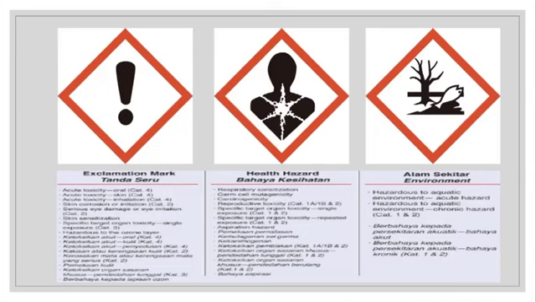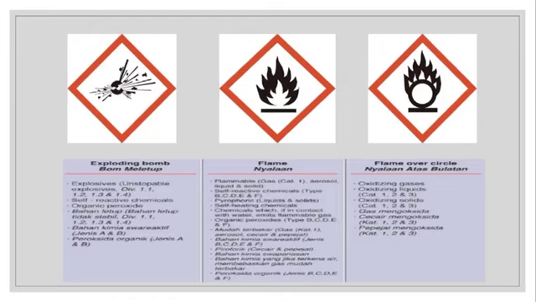And 6 is environment, which is hazardous to the aquatic environment, acute hazard and chronic hazard. Next is the exploding bomb, for explosives, and next is flame over circle.